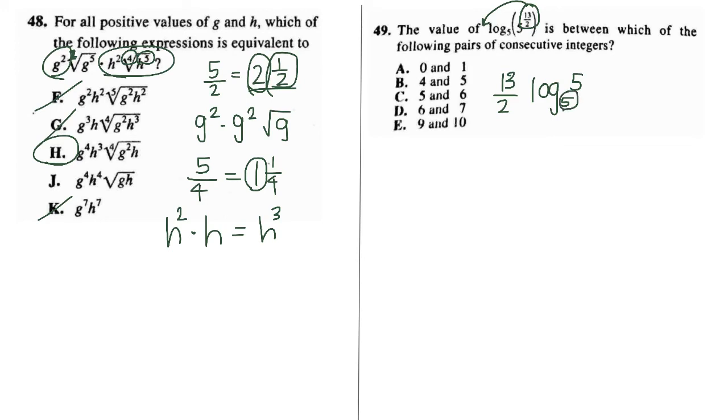Anytime your base and your number here are the same, that cancels out to 1. So really I have 13/2 times 1, which is 13/2. And so the answer to that, well, that's going to be 6.5, isn't it? So where's my answer going to fall? Well, D, between 6 and 7.